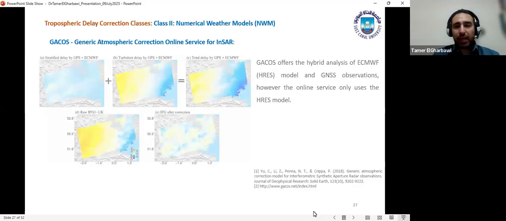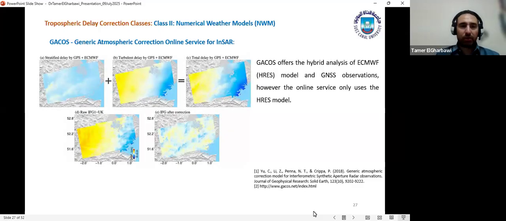So for GACOS, it is the same thing. But GACOS started as a model that can be downloaded, now it's an online service. The main thing in GACOS is that it is actually dividing the delay not into wet or dry. It's divided into elevation dependent and turbulent, and then it's added together and then applied as the correction.